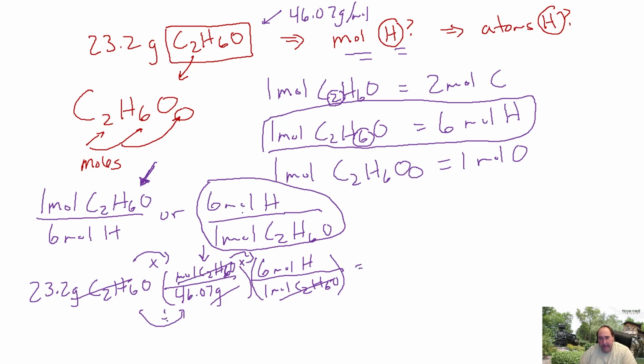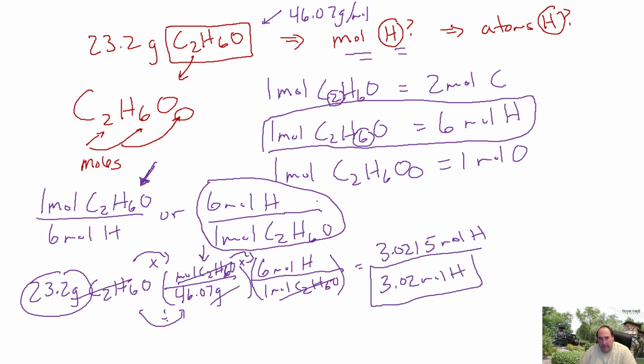That gives me 3.0215 moles of hydrogen. I'm going to clean it up to 3 significant figures, which will give me 3.02 moles of hydrogen. So by using the formula, I was able to convert from the entire thing to just moles of hydrogen, and that gave me this.